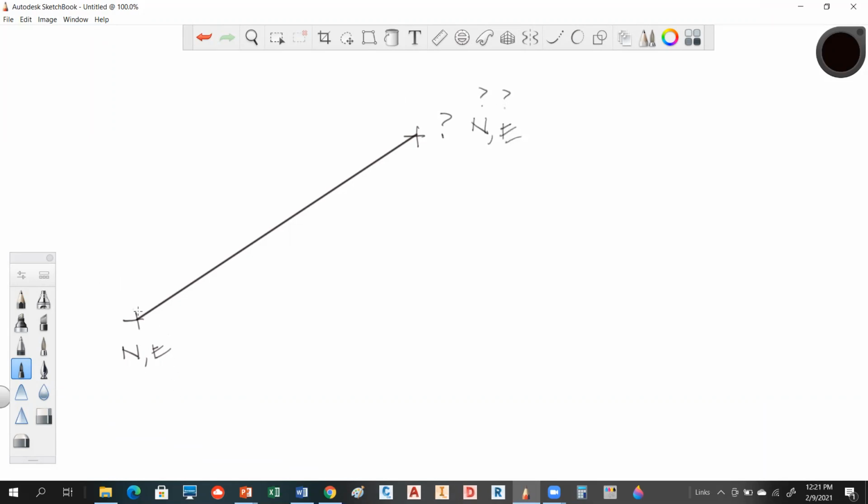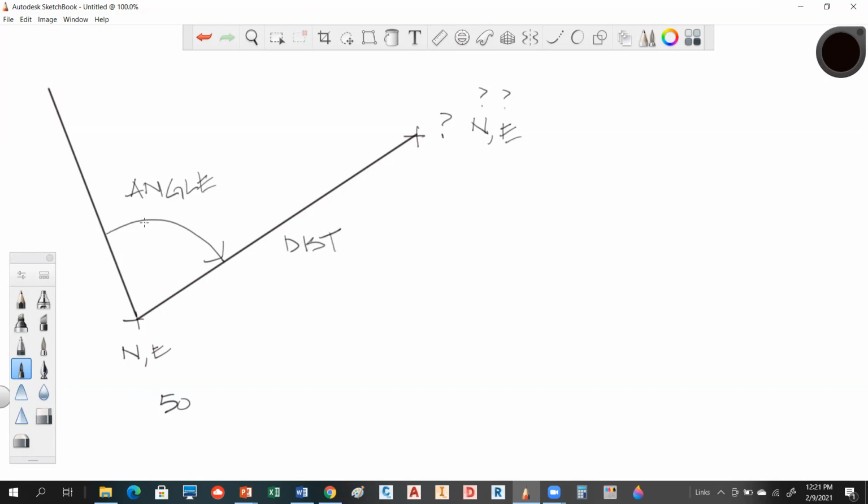If I know this point, let's say point 50, and we have another point we can backsight, and this is a good alignment, then I'm going to measure an angle, and I'm going to measure a distance.